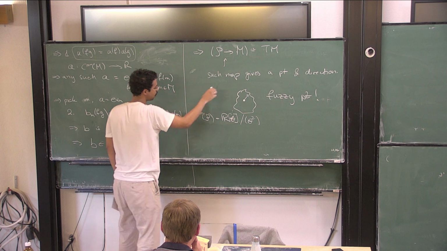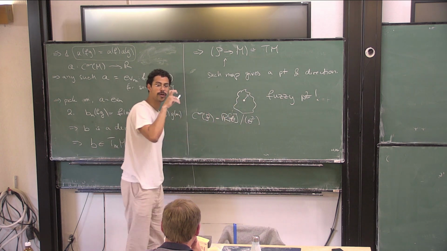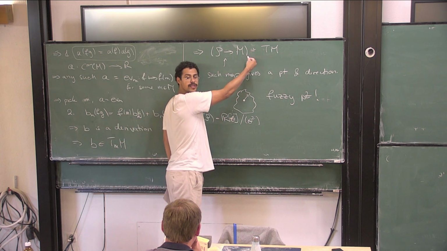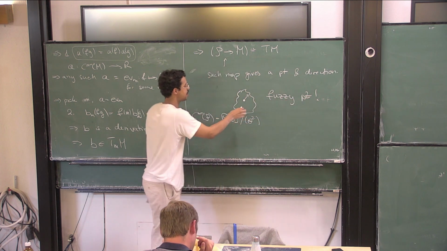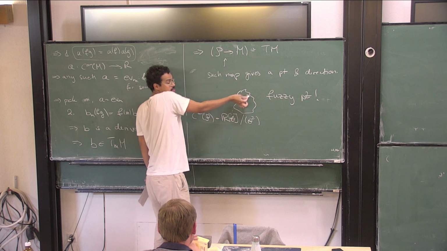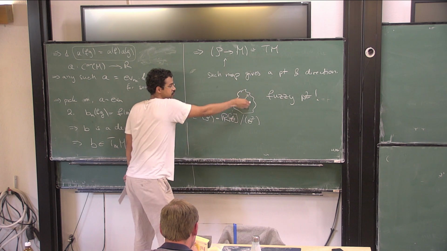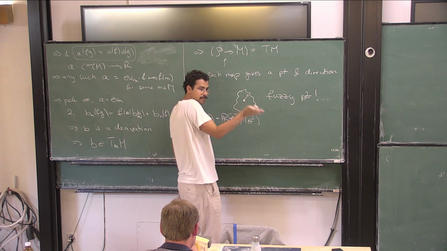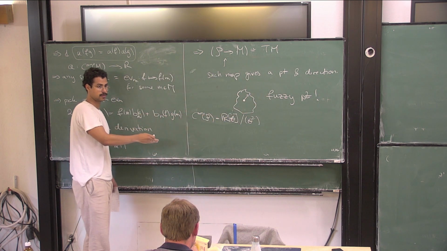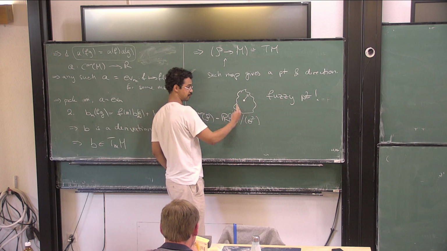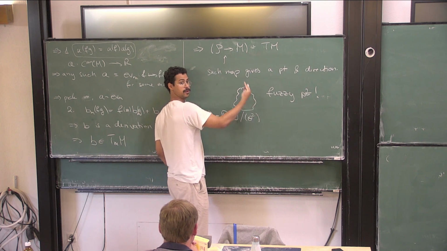So you should think about P as one physical point which is mapped to that point, M or M prime or something. And whatever is attached to it, because you have this fuzzy thing, is mapped into a direction in the tangent space at that point. So this is an abstract blueprint of the tangent space.